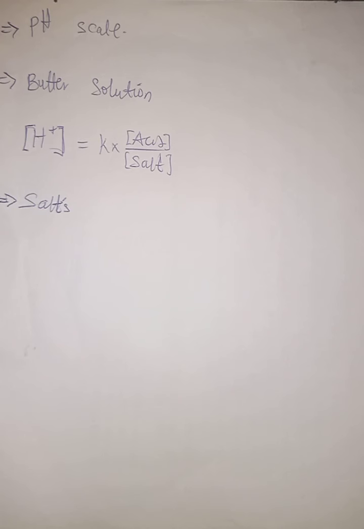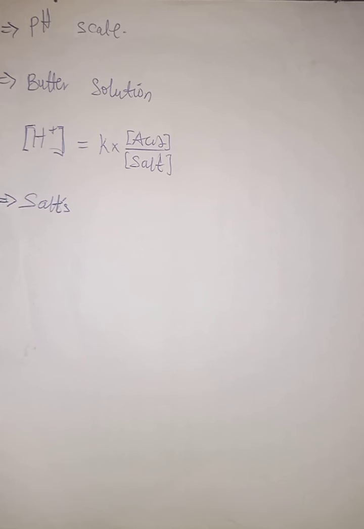For example, the pH of water is 7. Then from 7 below to 0, although some people say -0.3, is acidic. Then from 7 upward to 14 is basic.